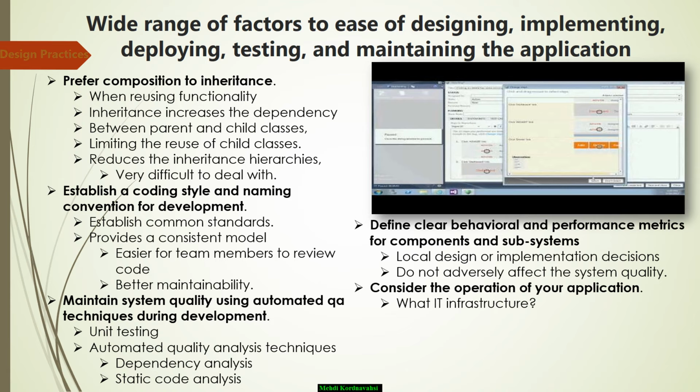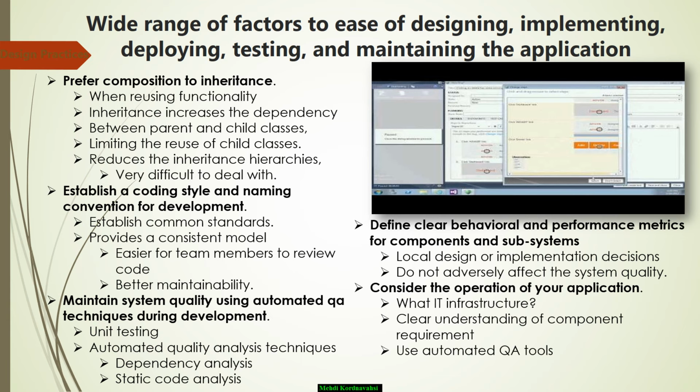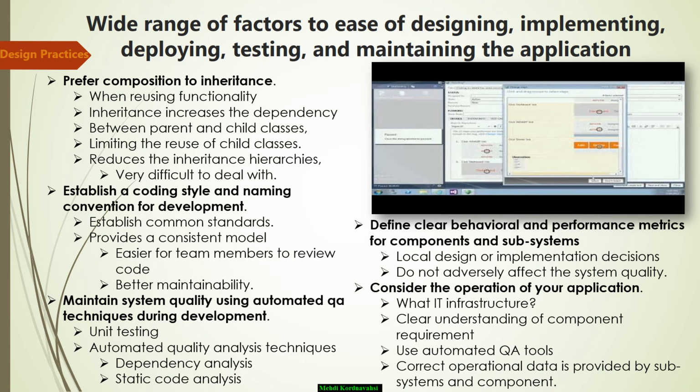Designing your application's components and subsystems with a clear understanding of their individual operational requirements will significantly ease overall deployment and operation. Use automated QA tools during development to ensure that correct operational data is provided by your applications, components, and subsystems.